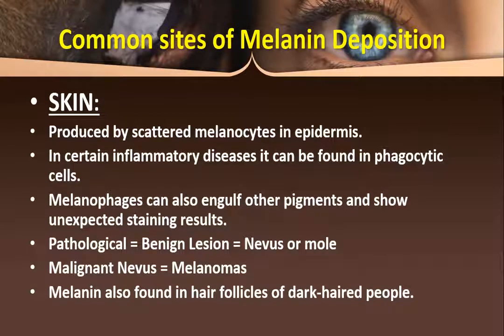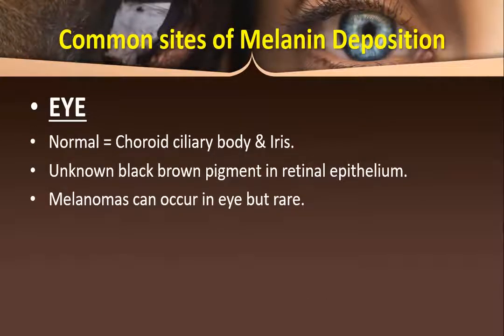Melanin is also found in hair follicles of dark-haired people. So when we talk about melanin deposition in the skin, there are benign and malignant lesions: in benign lesions, nevus, and in malignant lesions, melanomas are usually common, in which we can observe melanin deposition.